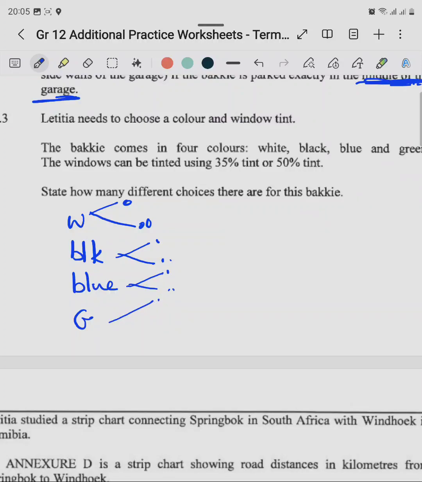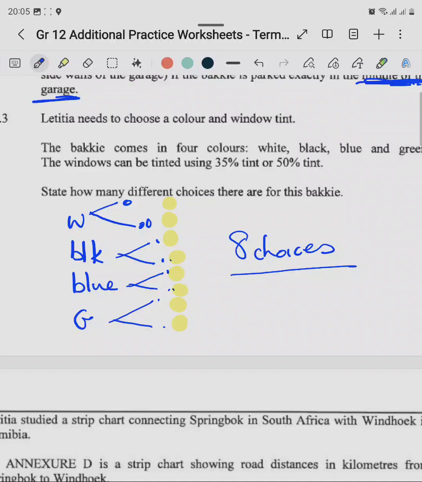And green, 35 or 50. So realistically, we are basically saying for each color car, there's 2 options. So therefore, I have a total of 1, 2, 3, 4, 5, 6, 7, 8. So I have 8 choices. So I use the word choices.